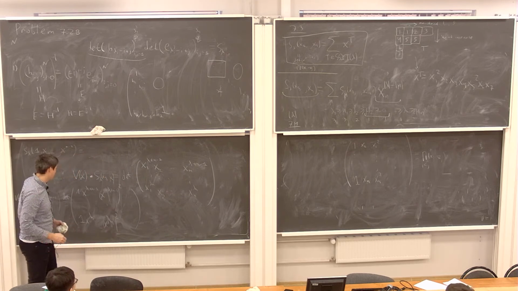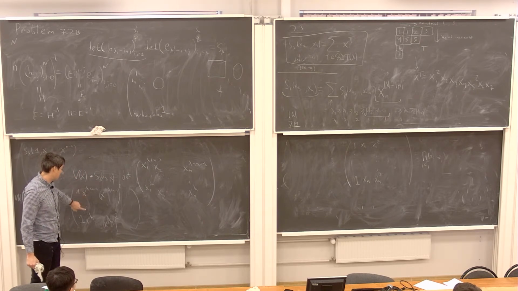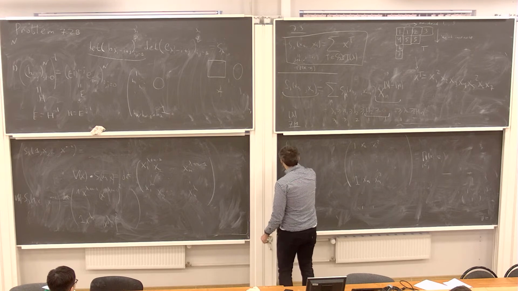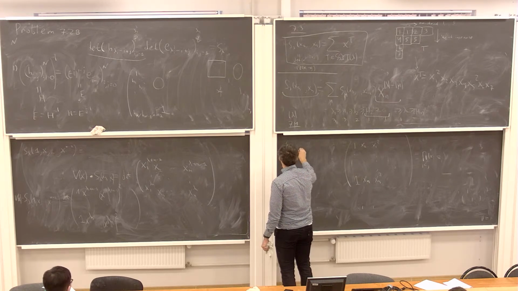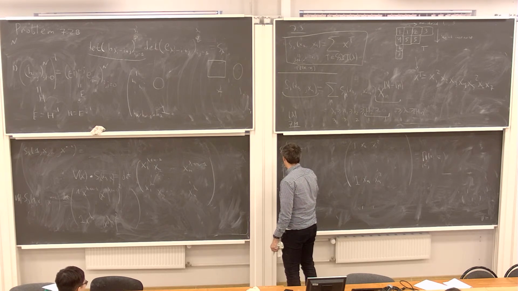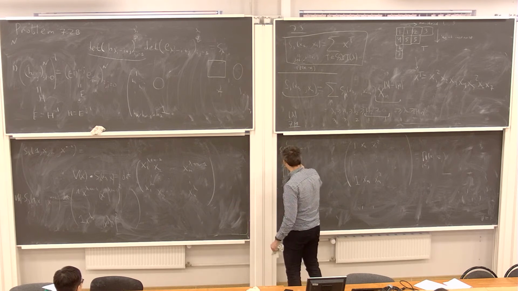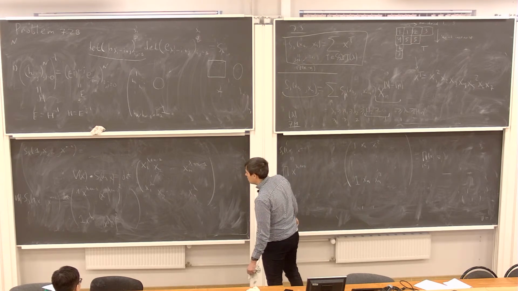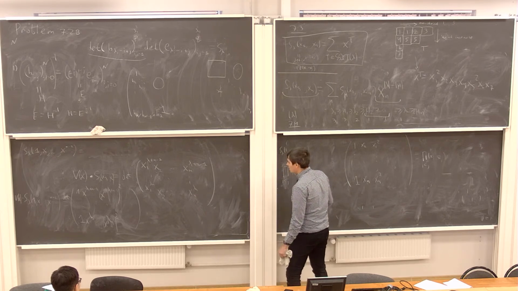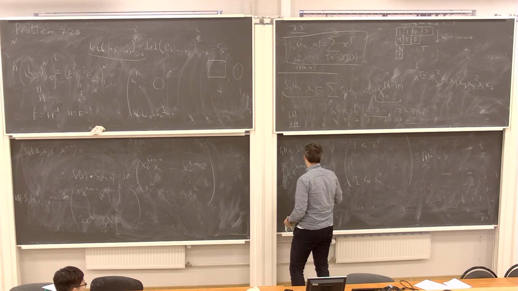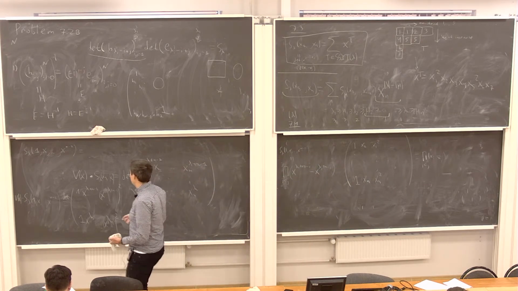Now it's a Vandermonde determinant with these numbers. Therefore you could write S_lambda of 1, x, ..., x^(n-1) as the product over i less than j of x to the power lambda_i + n - i minus x to the power lambda_j + n - j, divided by the ordinary Vandermonde.